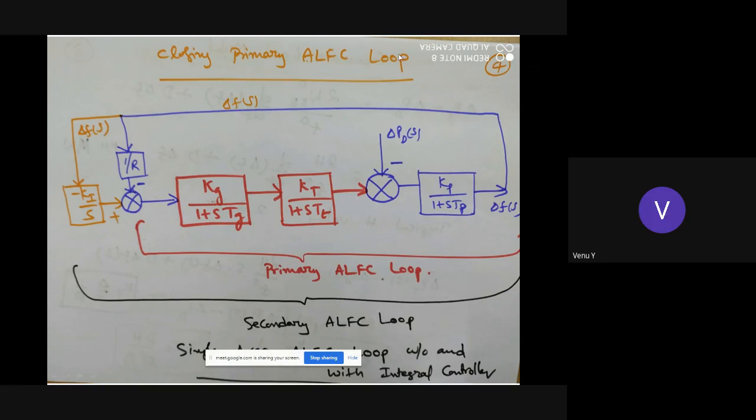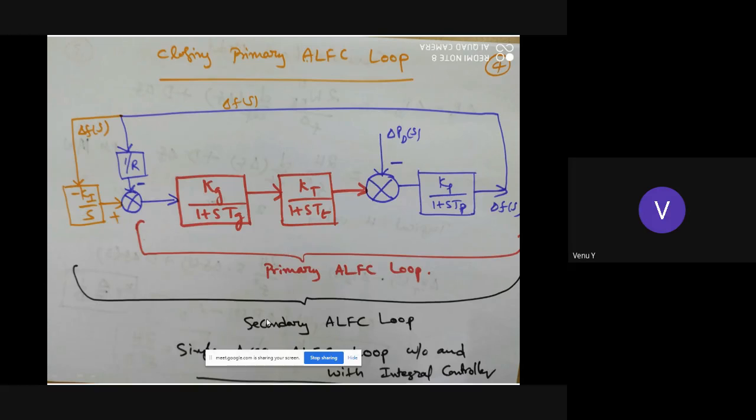And the secondary ALFC loop, as I already explained, is where delta F is passed through the slow acting integral controller so that the change in the error can be reduced to 0, and you can offset the steady state error.